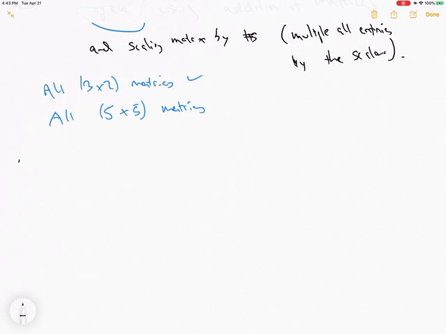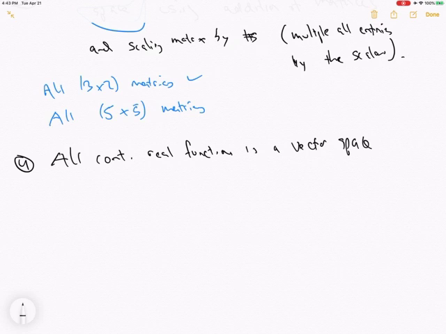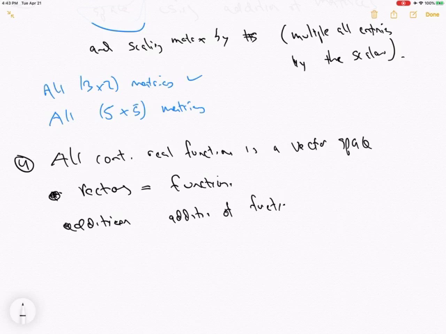And then more examples come from certain families of functions. So we can say all continuous, say real, functions is a vector space. So the vectors are the functions. And how do we do addition? Well, addition is just the ordinary addition of functions that you're used to, right?